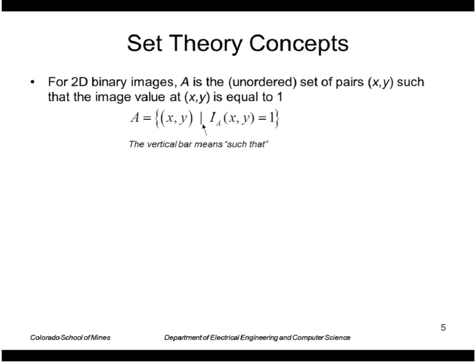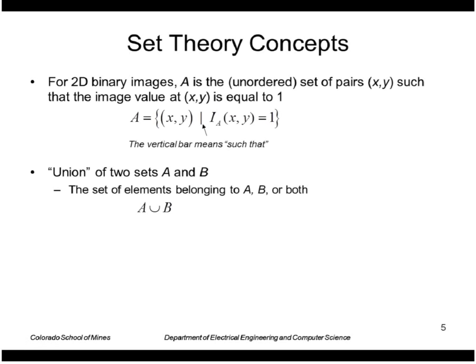So the set A is not really an image, it's a collection of points. The notation we use is set notation, which says A is the set, that's the curly brackets, of these elements, vertical bar means such that, and then I of xy equals 1.